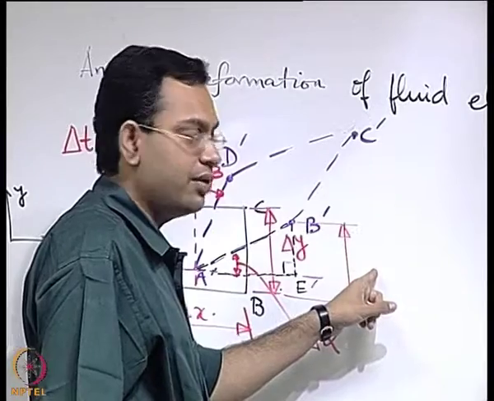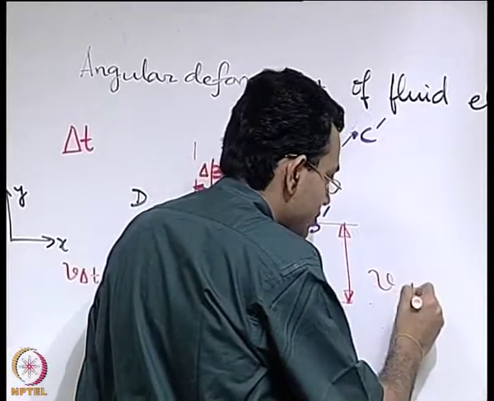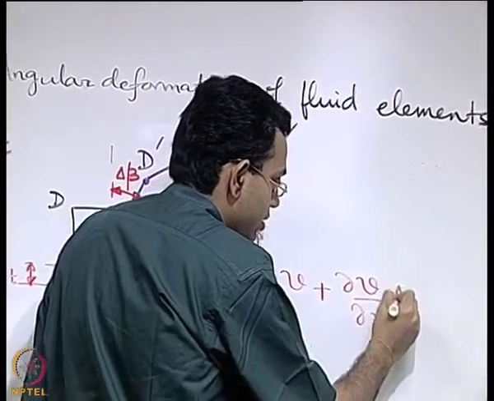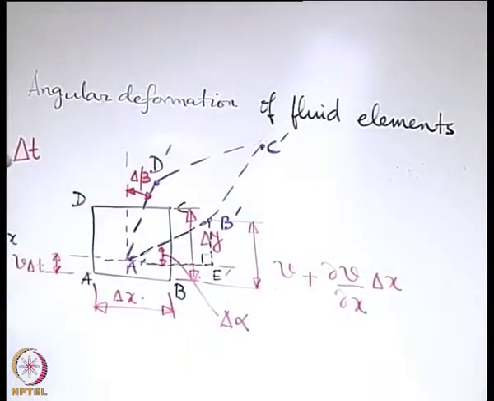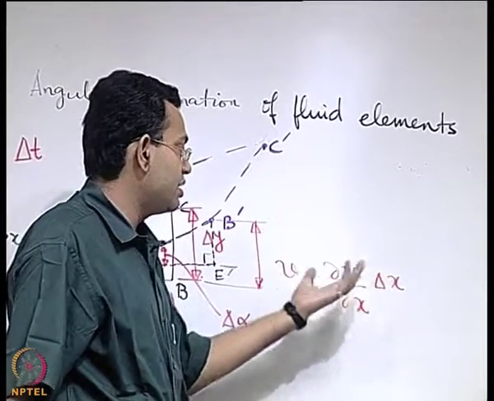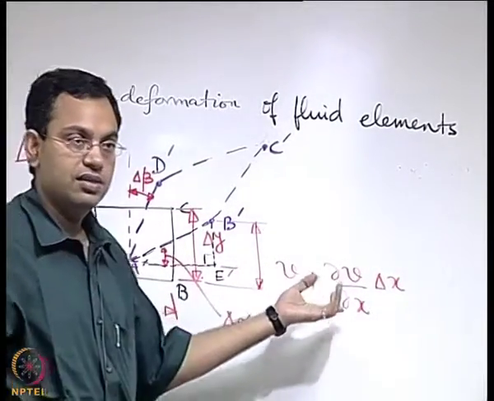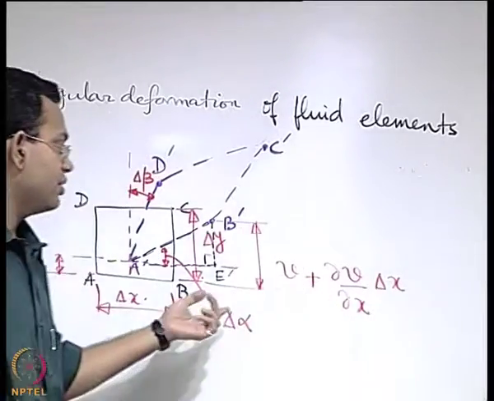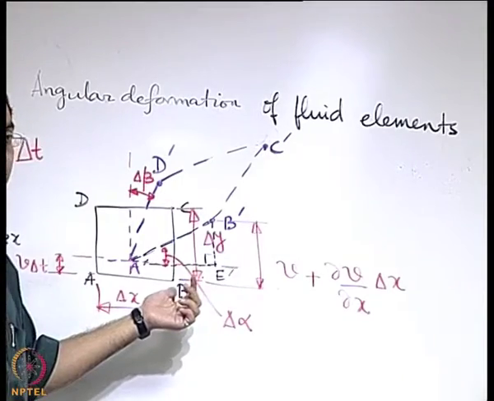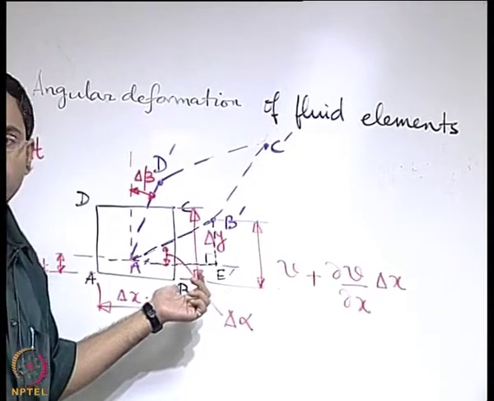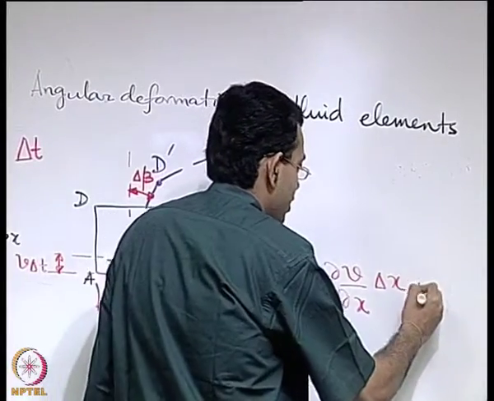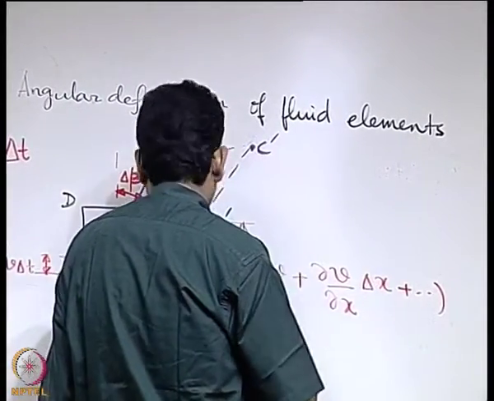So, what is that v? v plus the partial derivative of v with respect to x times delta x, plus higher order terms. Here the change is because of change in x, that is why partial derivative with respect to x. From A to B when you go, it is not change in y, but change in x. That is why this term is appearing, then that into delta t.